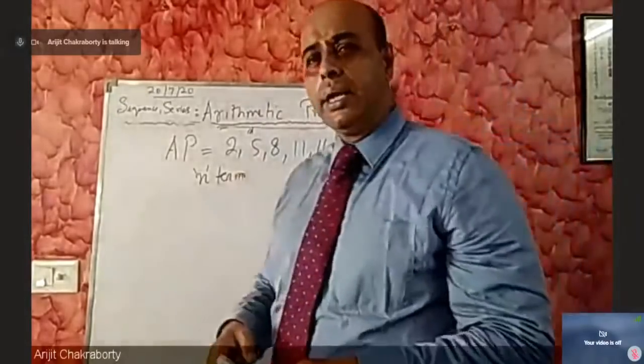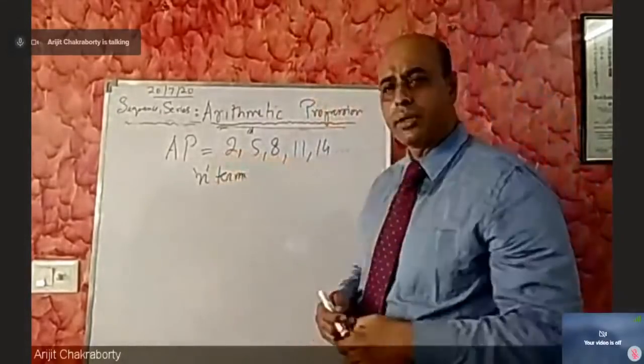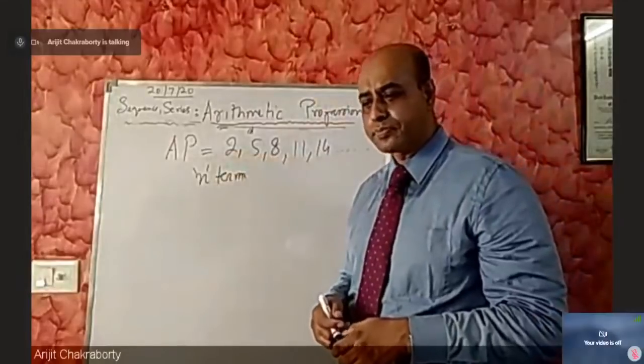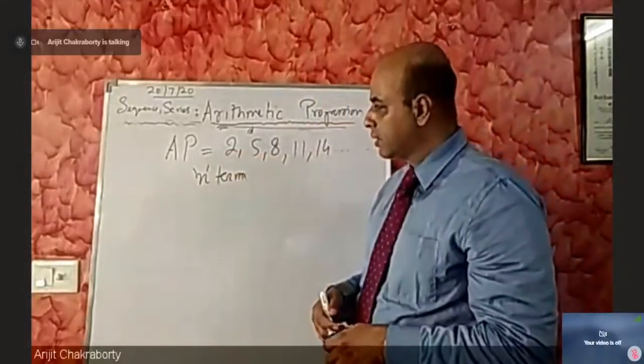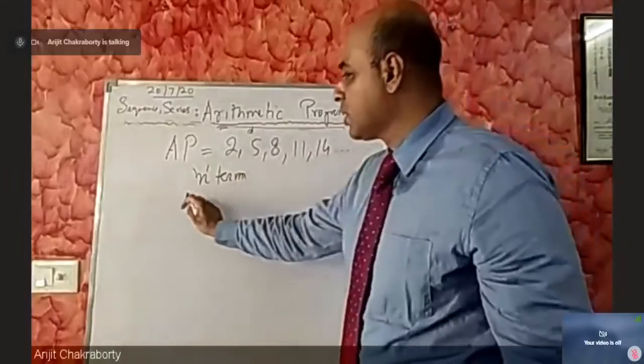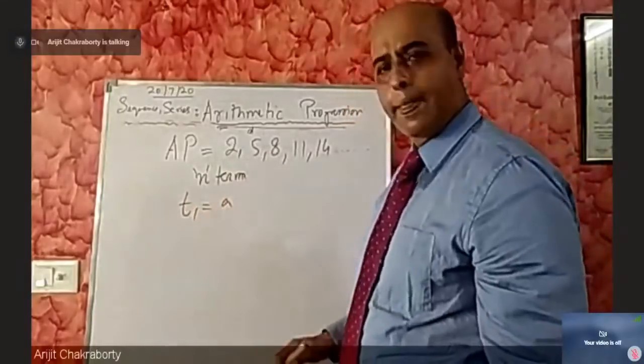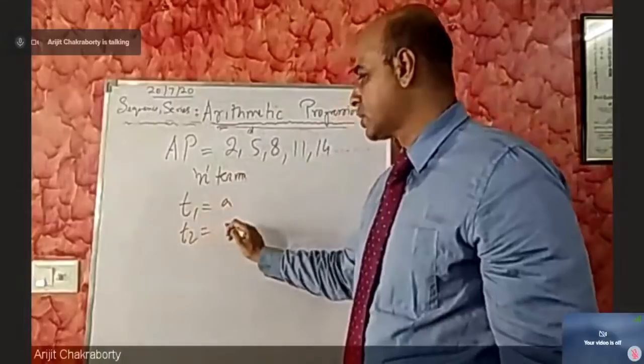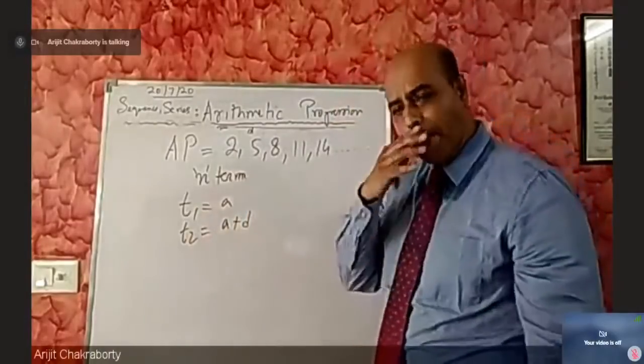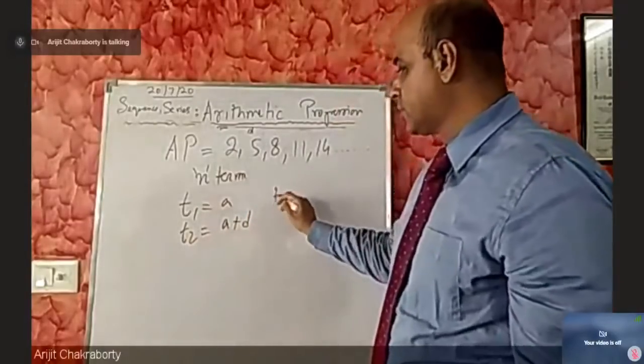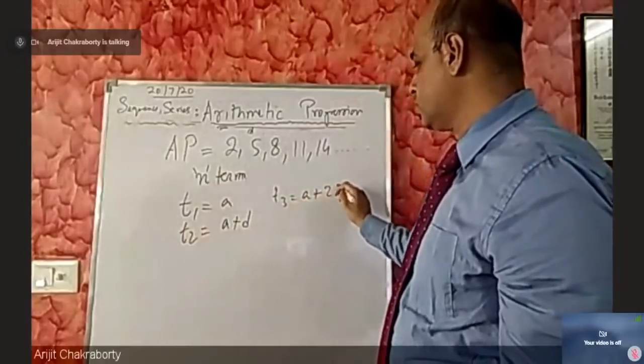First one, if you have a series, arithmetic progression, arithmetic sequence, the first term is A. The second term is A plus D. The third term, T3, is A plus 2D.